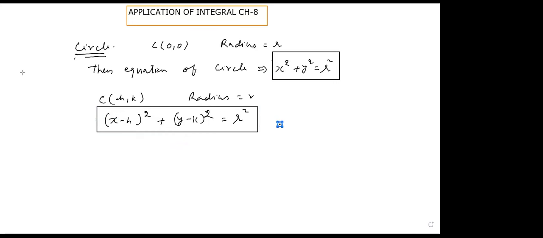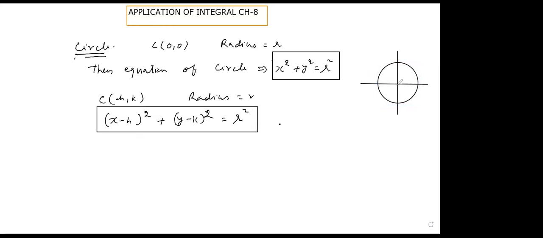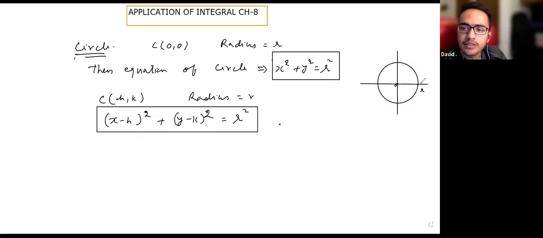Now, equation of parabola, and before that, we can draw the circle. How can we draw the circle? When the center is at the origin, the circle will be like this, and the length from the origin to this point will be the radius r.